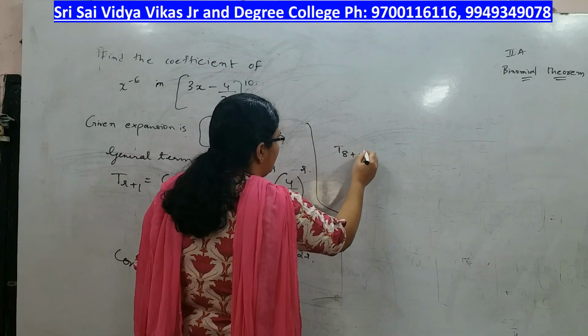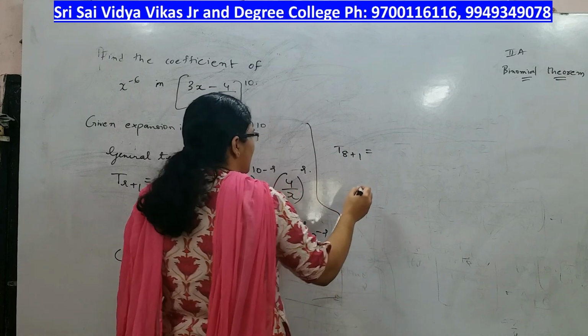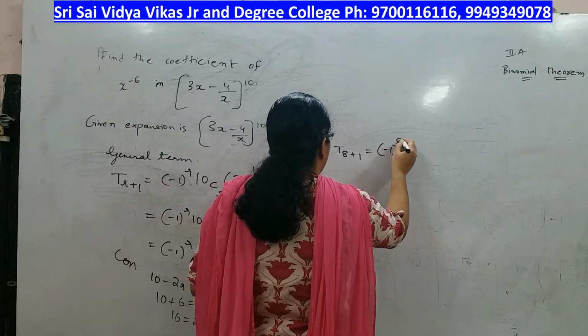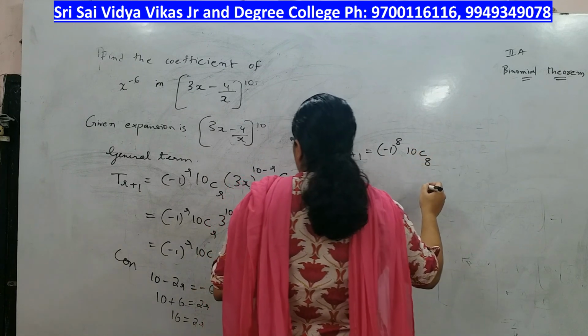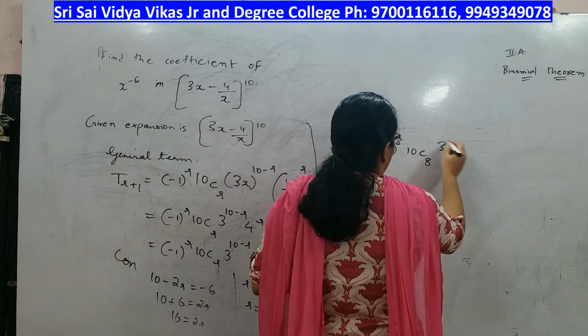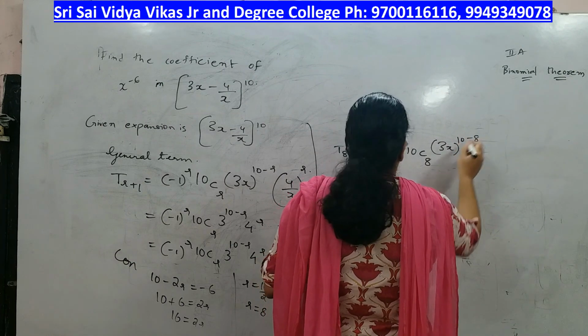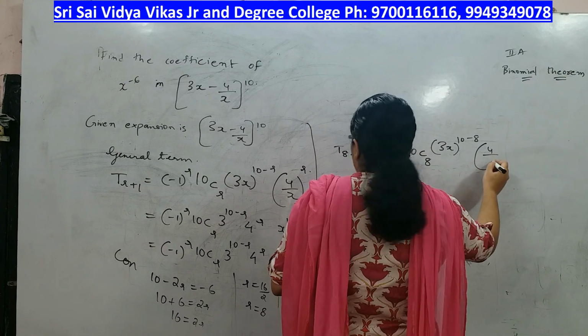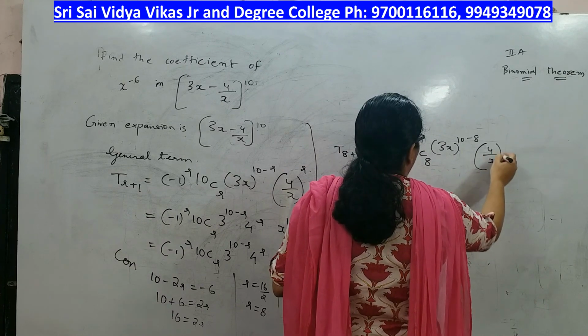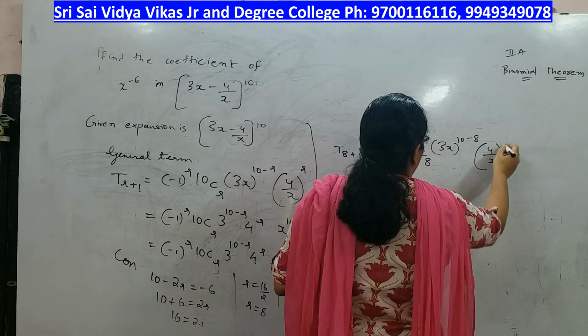T8 plus 1 is equal to minus 1 whole power 8, 10 C8, (3x) whole power 10 minus 8, (4 by x) whole power 8.